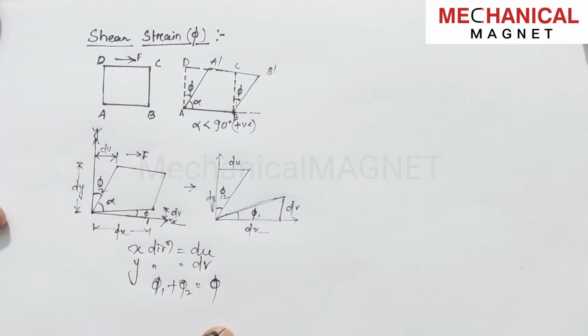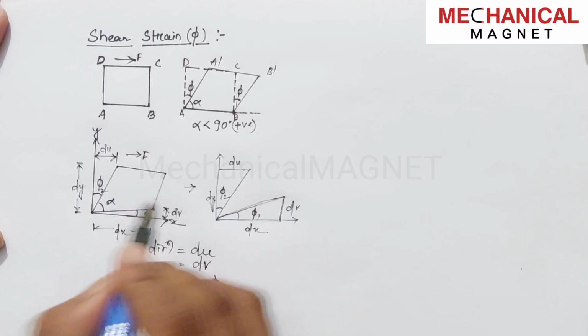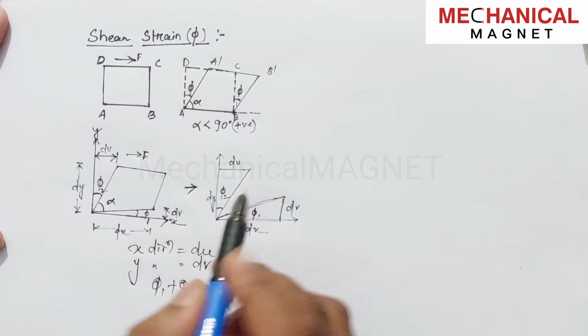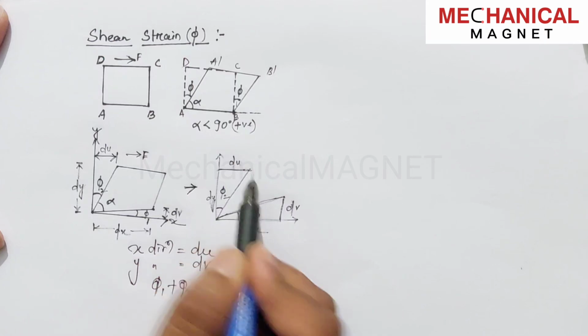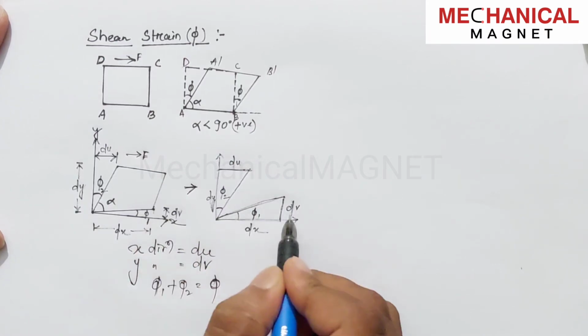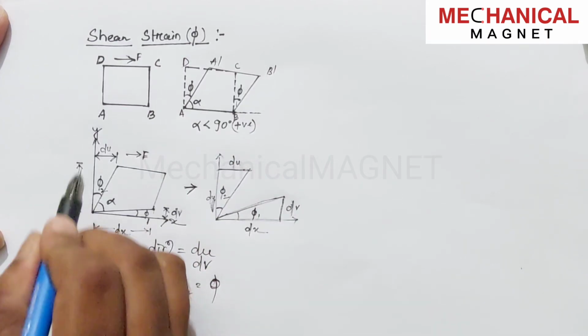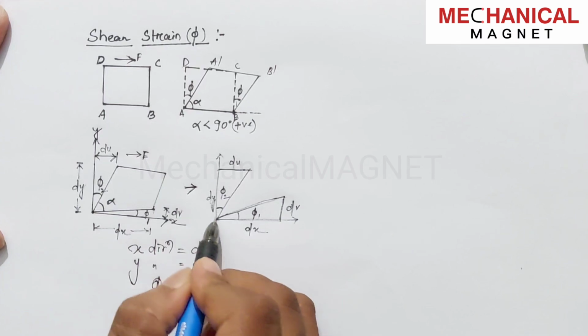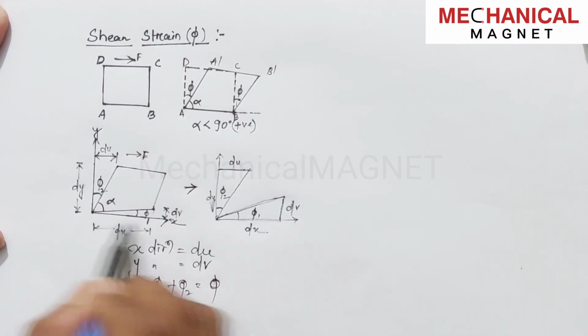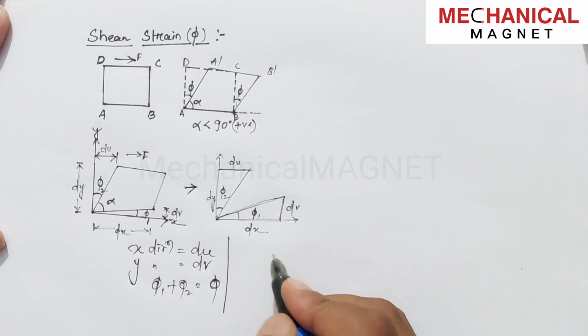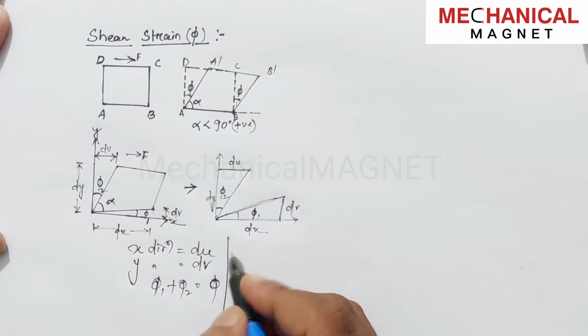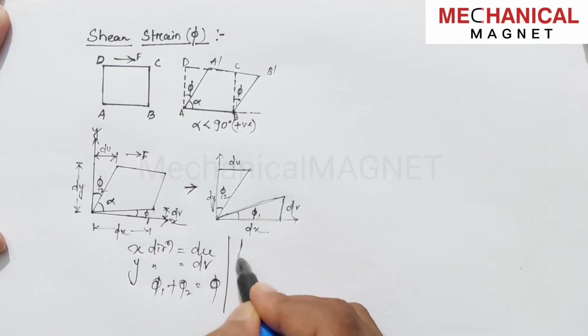In this figure, this side is du, this is dv, this is dy from here to here, and this is dx. Here we can find tan phi. First we find tan phi 1.